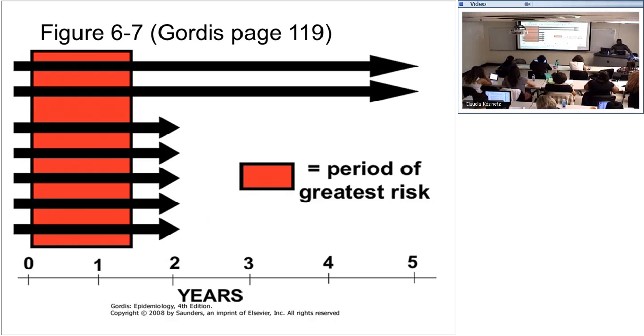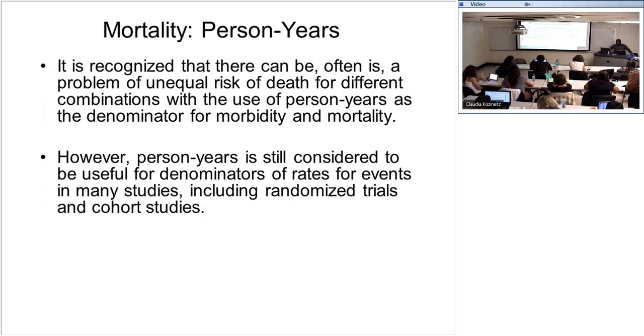So if you use the example, there is the period of greater risk, and then the rest of the period not at risk at all. So we have to recognize that unequal risk of death for the different combinations of these person-years is possible.